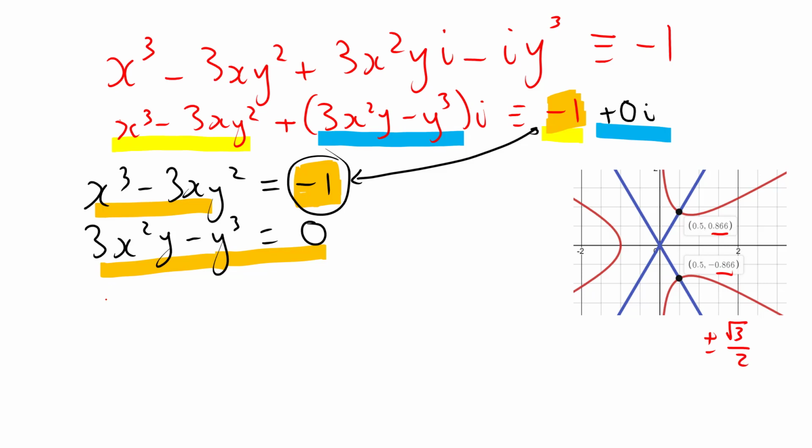But either way, we get that x equals a half, and when x is a half, y equals 0.866, and x is a half, y equals minus 0.866.